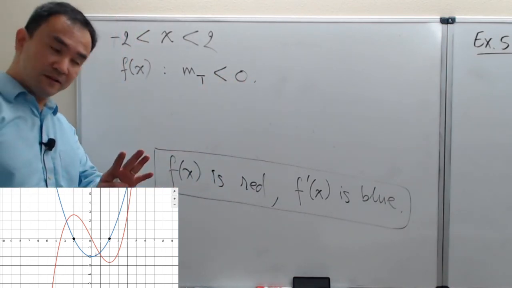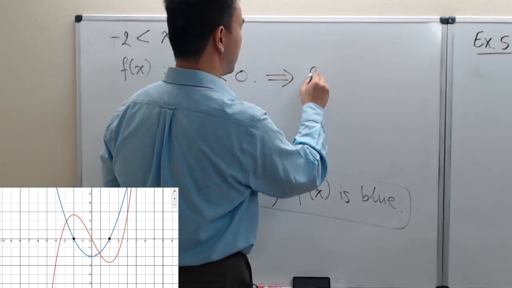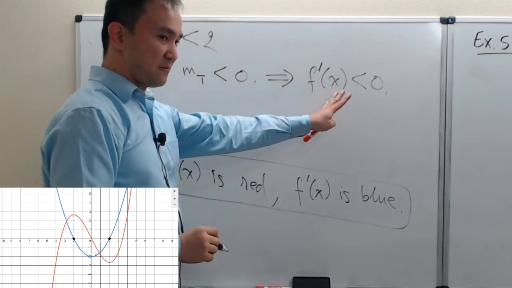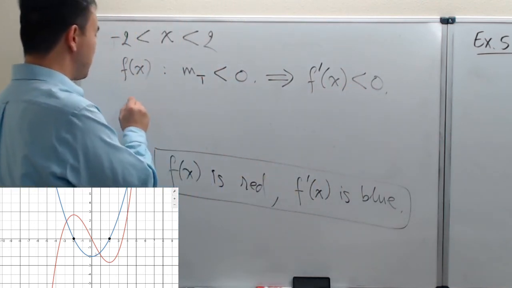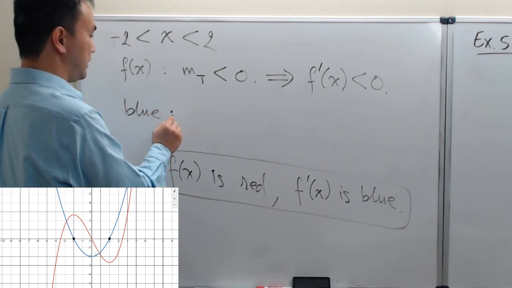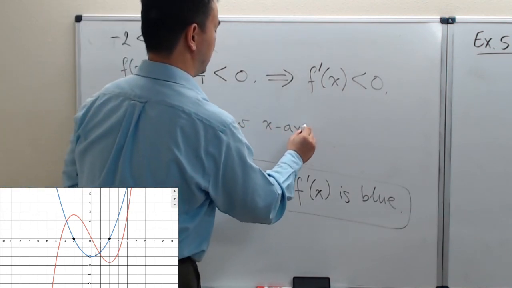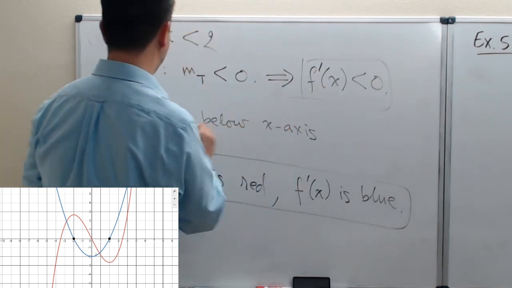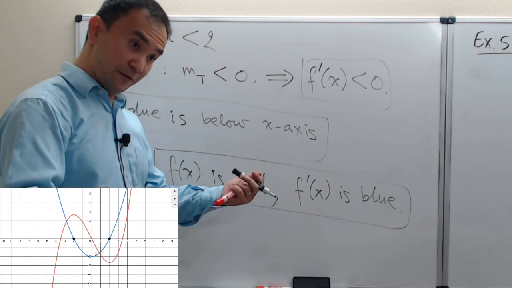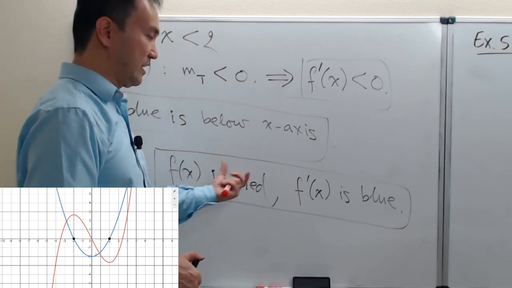And negative slope is consistent with the fact that f prime has to be negative. And if f prime is negative, does that look consistent with the blue? It looks like blue is below the x-axis. Aren't these two pieces of information consistent with each other? So now we are further confirmed that f of x is the red function and f prime is blue.